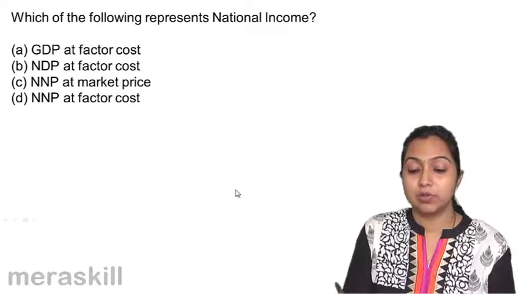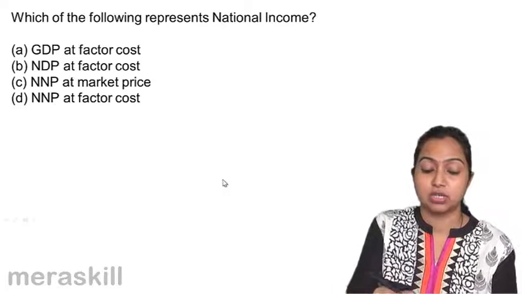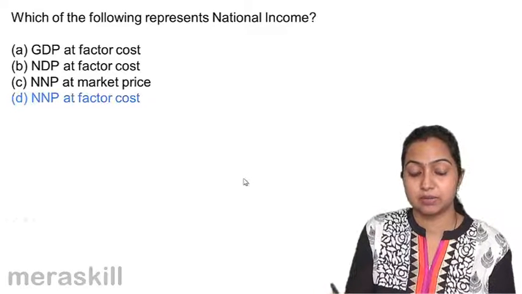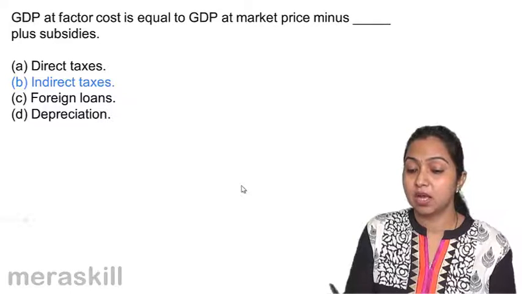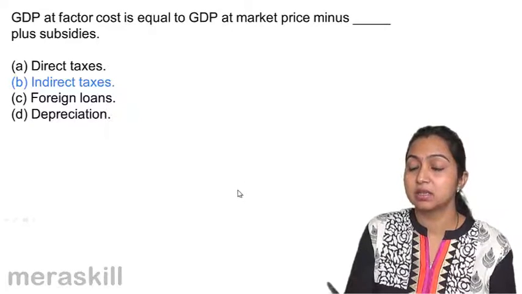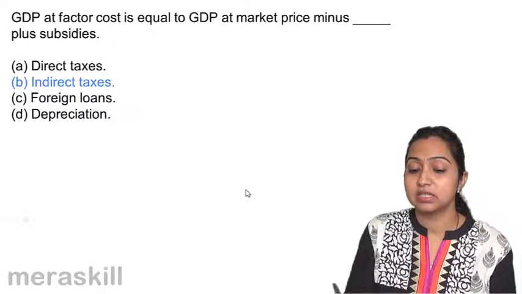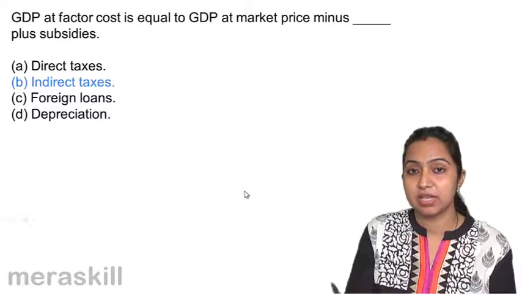Which of the following represents national income? NNP at factor cost represents national income. GDP at factor cost is equal to GDP at market price minus indirect taxes. From market price to factor cost, how do you arrive at it? By subtracting indirect taxes and adding subsidies.